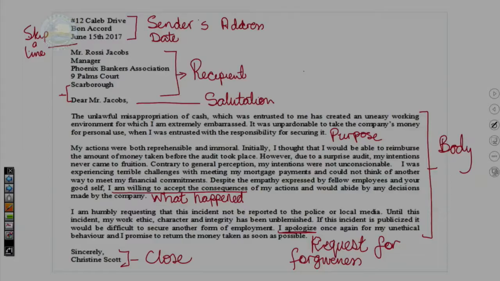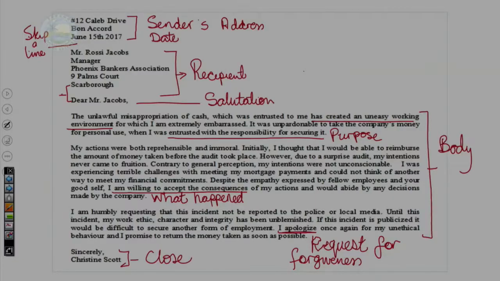But if we look, did we see that she created an uneasy working environment? And she says it here, has created an uneasy working environment. So that was stated. She betrayed the individuals whose money she was entrusted to secure. And she says that. So she was entrusted with the responsibility of securing it.